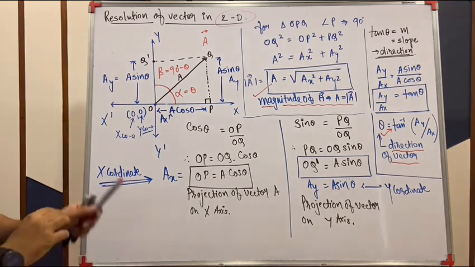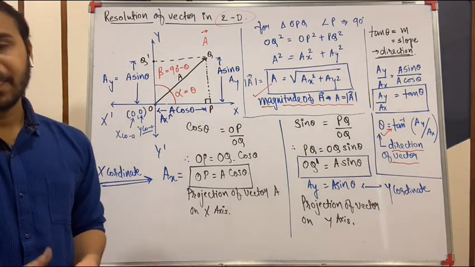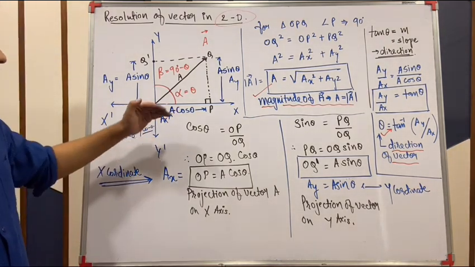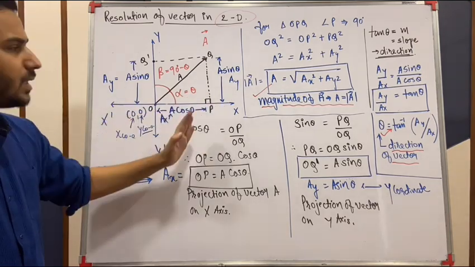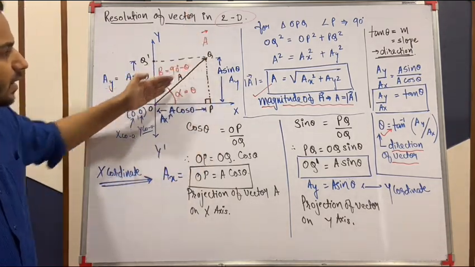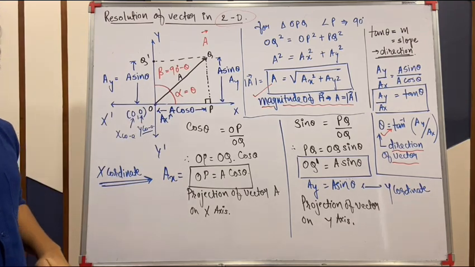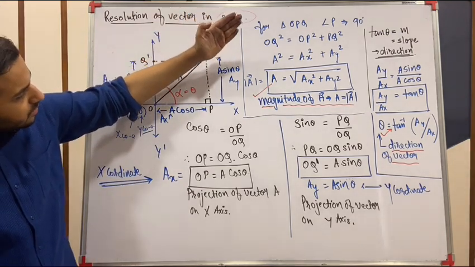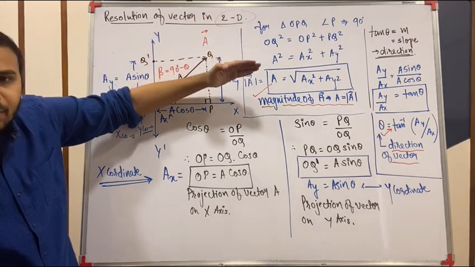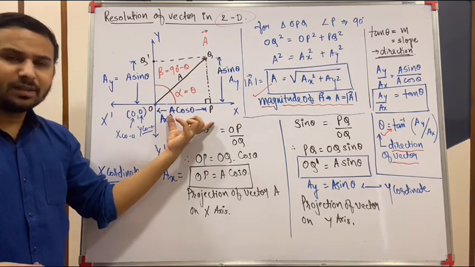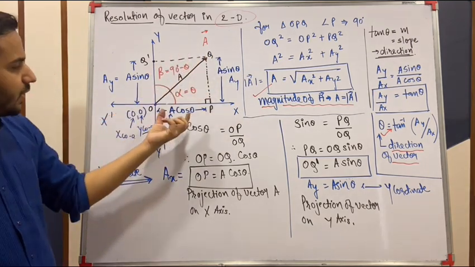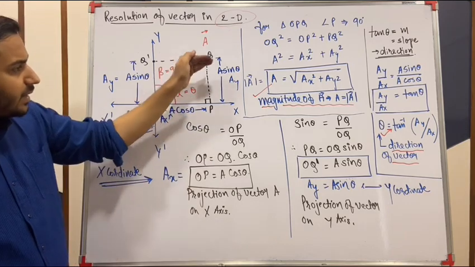Okay, this was the resolution of a vector in 2 dimensions. Simple, sir. A cos theta, A sin theta. Hypotenuse is your vector A. Now if you gradually decrease theta, the value of AX is increasing and the value of AY is decreasing.